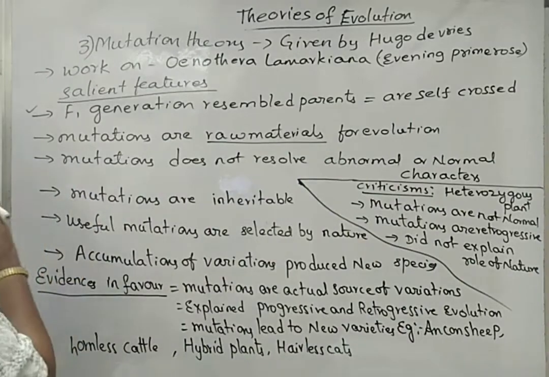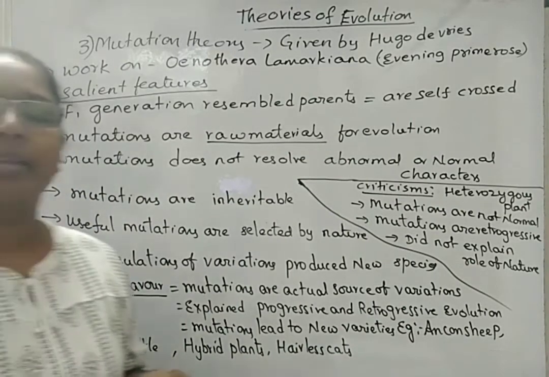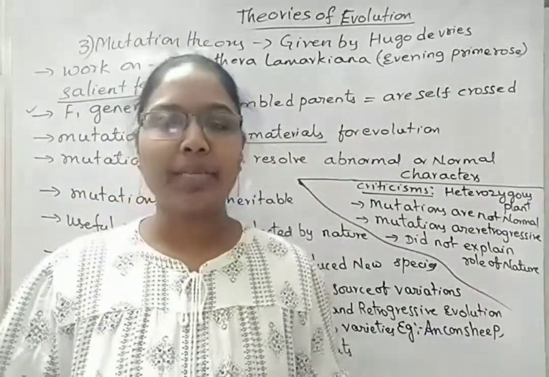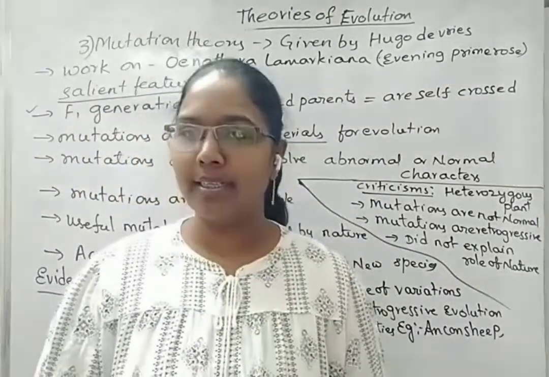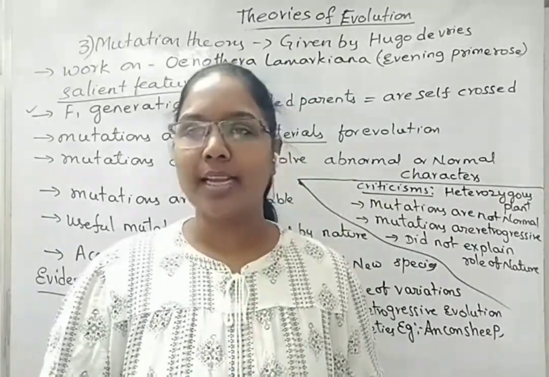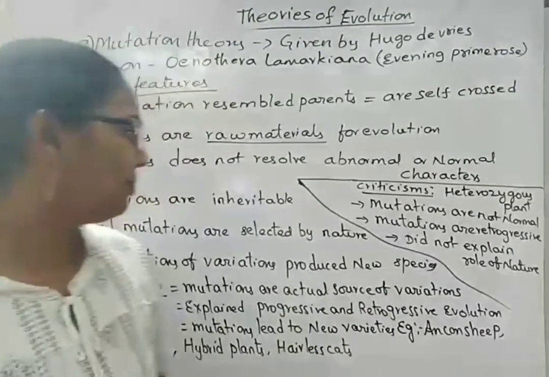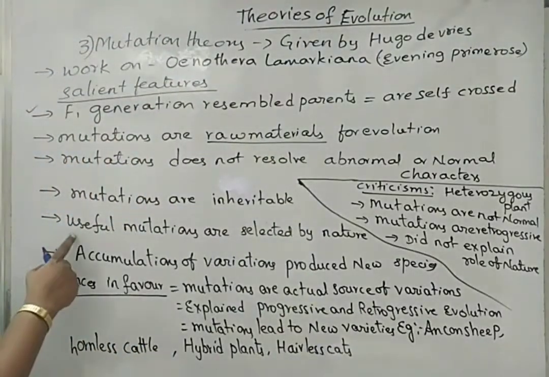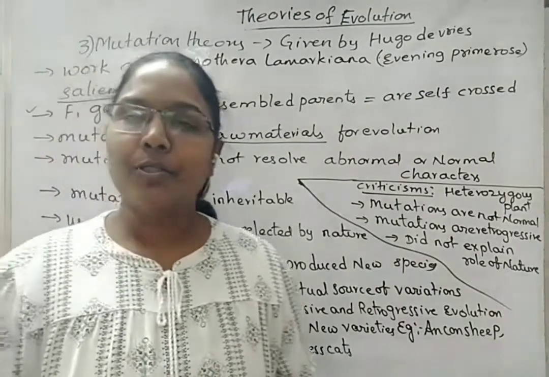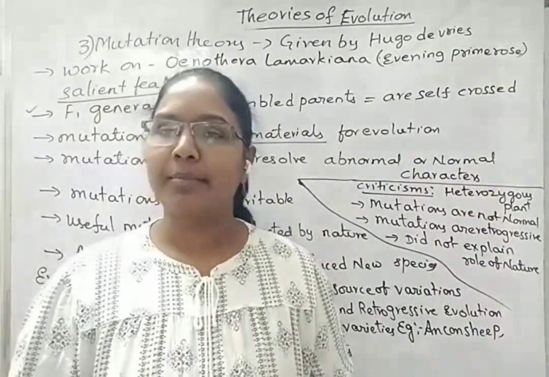Next, mutations are inheritable. Some types of mutations are heritable, some types are not inheritable. That we have learned in the Principles of Inheritance and Variation chapter. Next, useful mutations are selected by nature.